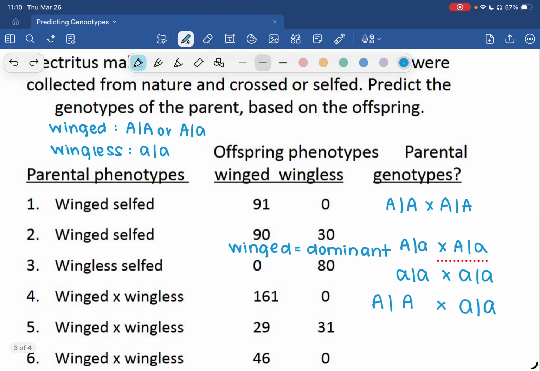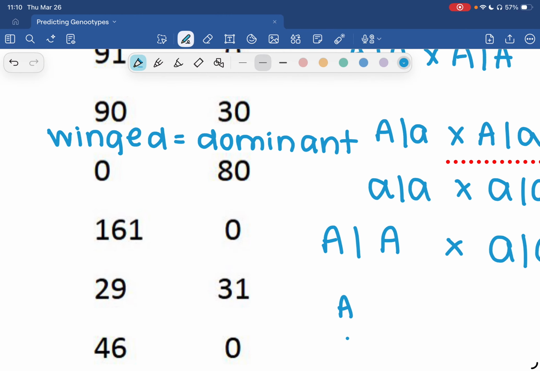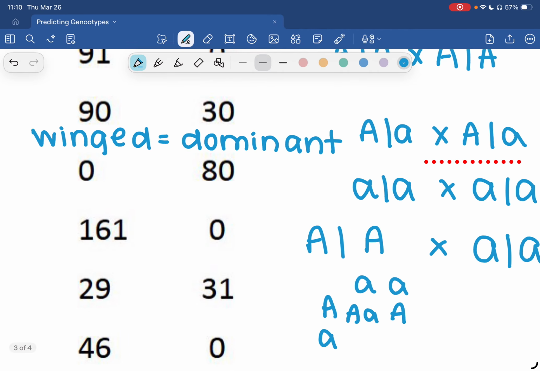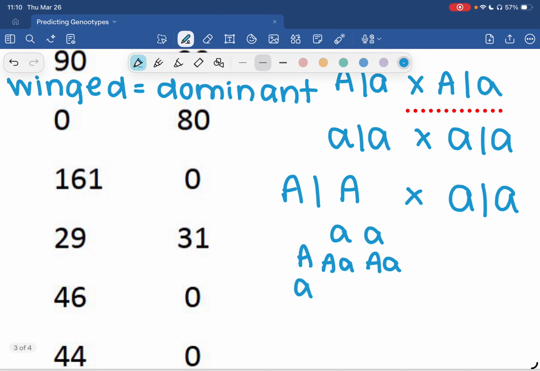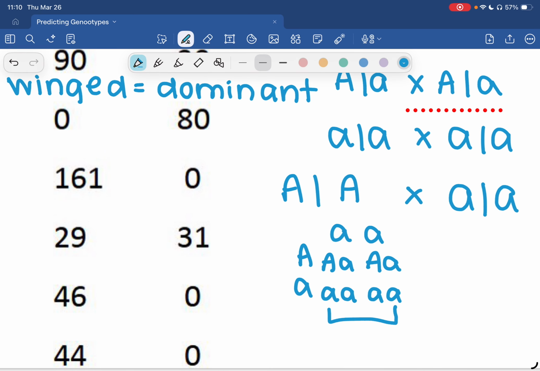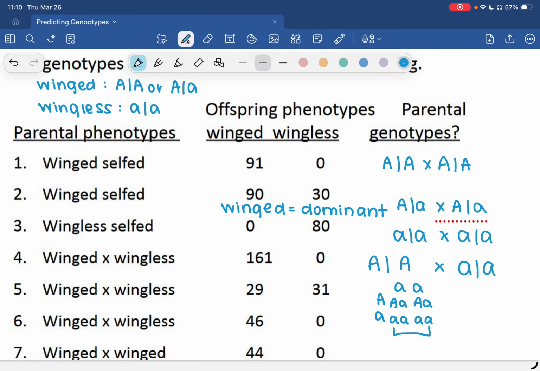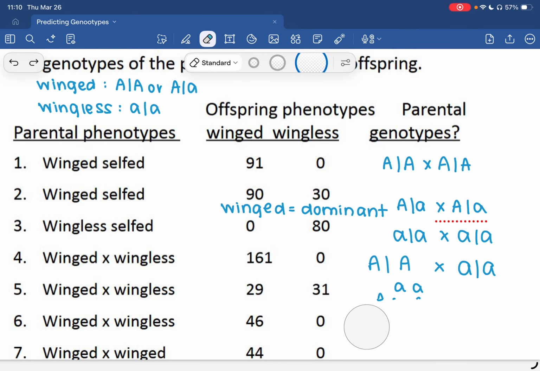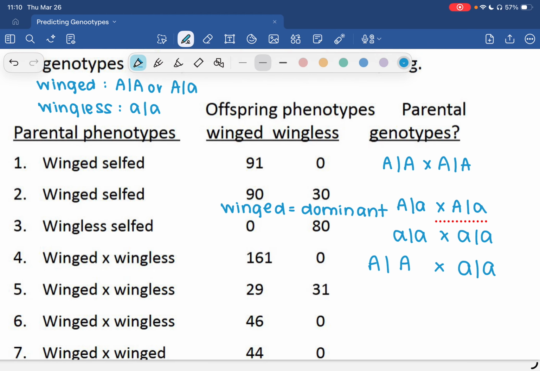If you're crossing a heterozygous individual, you would have the possibility of getting half of them having that wingless phenotype, which is not the case. We don't have any wingless. So that's how we can rule out that it is in fact a homozygous dominant instead of a heterozygous individual.